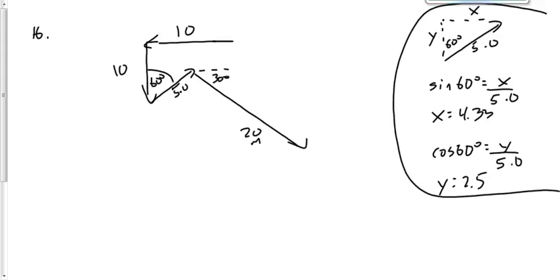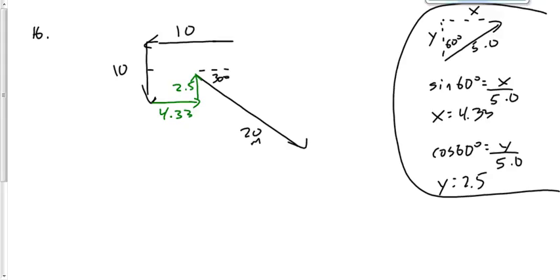Now, we dealt with one of them. Let's get rid of that one vector just so that we're not trying to do too much at once here. I got something to the right here that is 4.33 and something up here that's 2.5. Okay, let's do the next one. It looks better now.